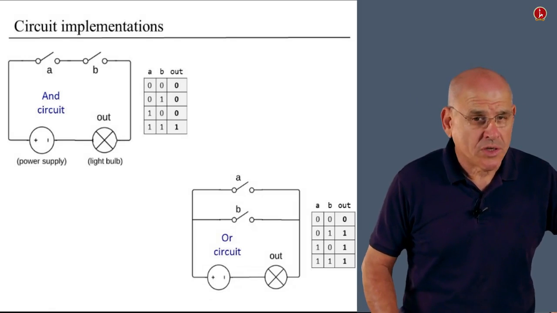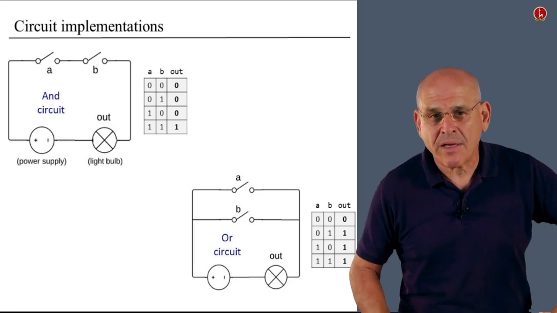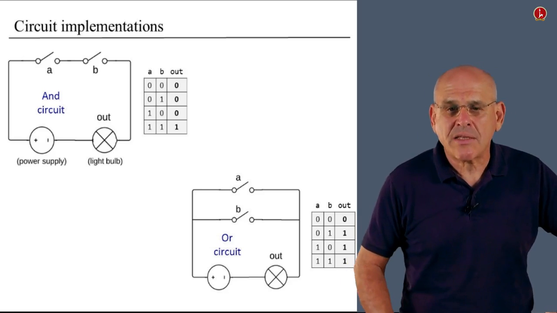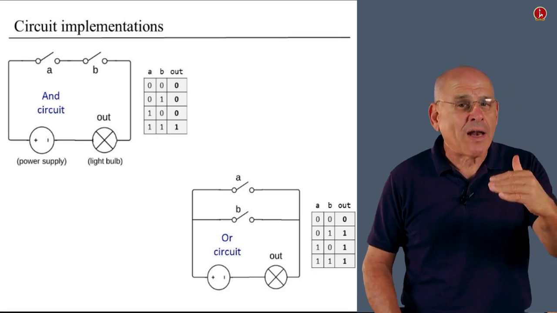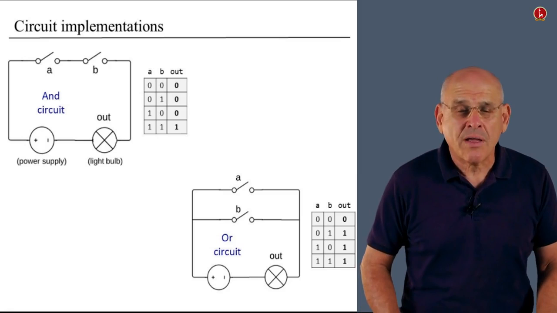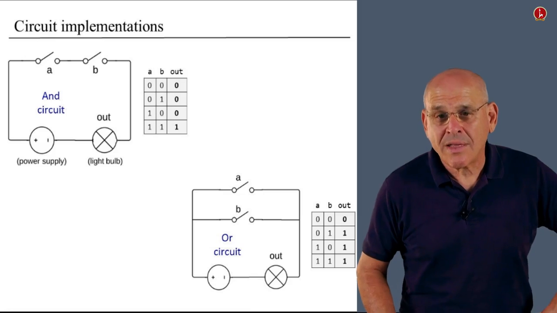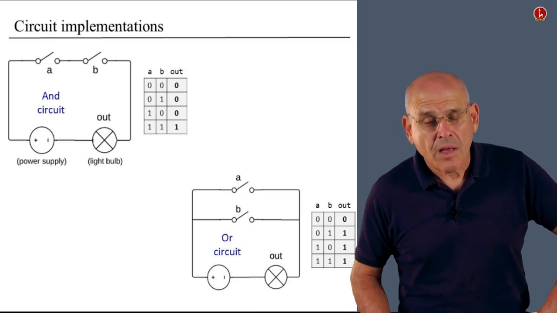What about OR logic? Well, once again, if I have to build a circuit implementation of OR, I can realize it using this particular architecture. And here it takes only one latch to close the circuit and turn on the light bulb. And once again, this is consistent with the desired abstraction of an OR circuit.